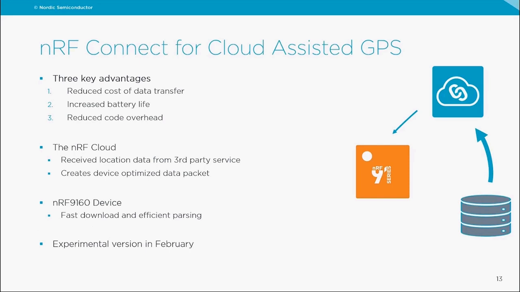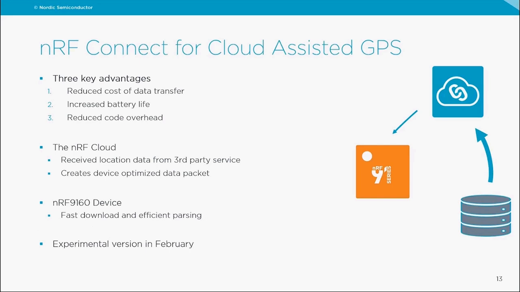The received location data is actually in the background coming from a third-party service. So what our cloud does is to repackage that data and format it in a way that is specific to the nRF9160. So that gives very fast download, very efficient parsing on the device.